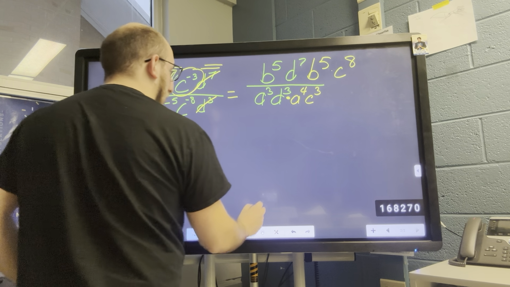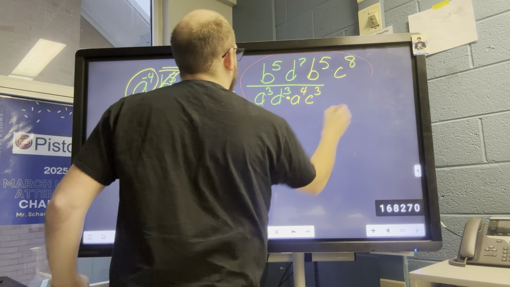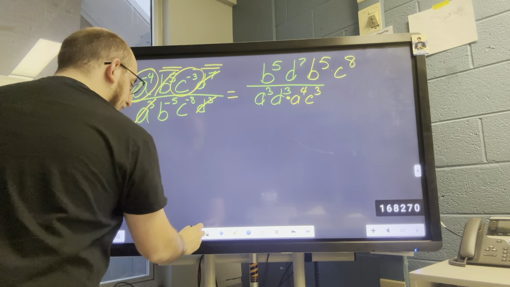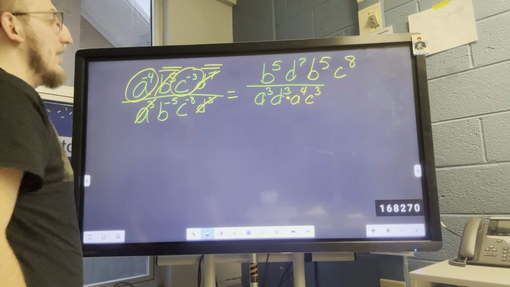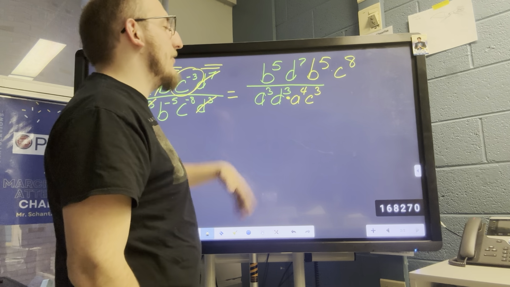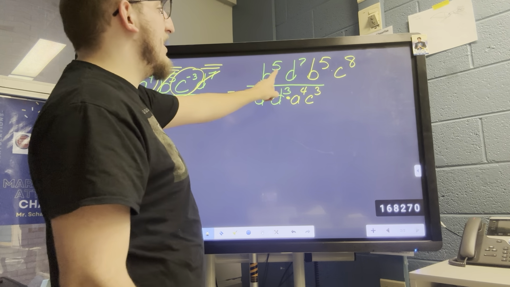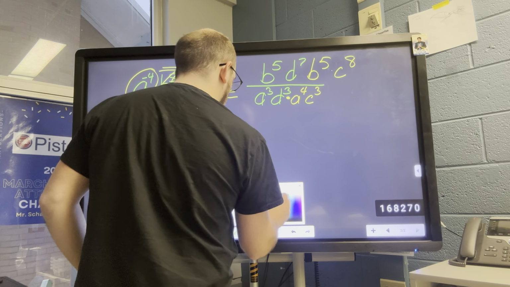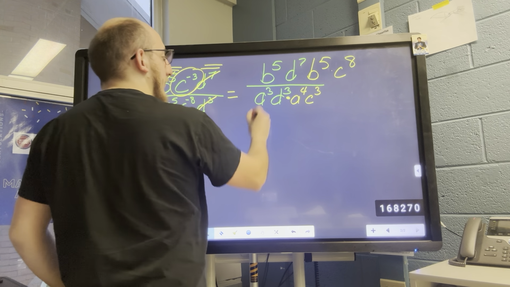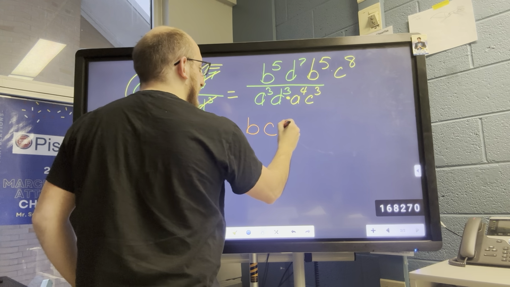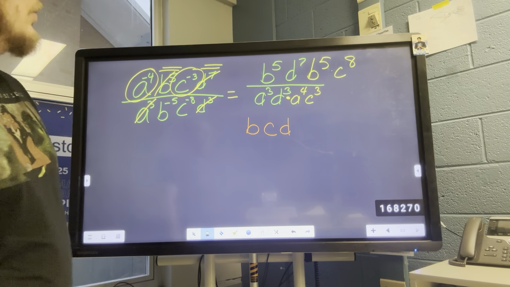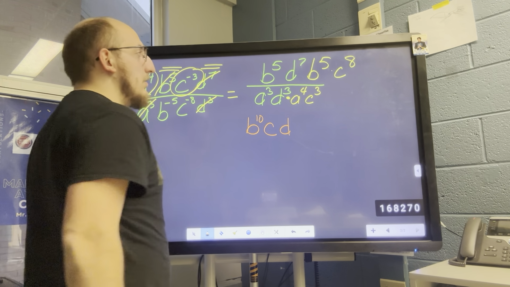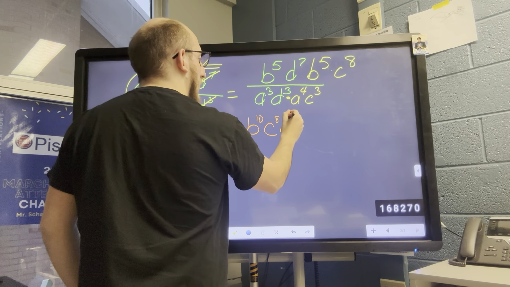Let's see if I can cheat here. Can I copy this? I cannot. That's okay. Now, I want to simplify this. Now, how many b's do we have up top? Because I got b's, c's, and d's up top. I have 10 b's, I have 8 c's, and 7 d's.